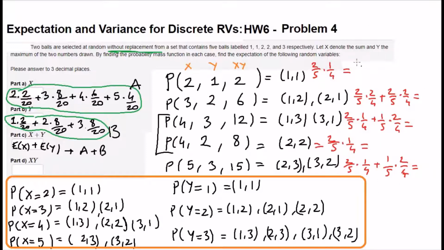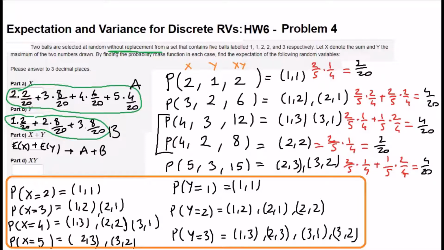And if we multiply, this is going to be 2/20. This is going to be 2 plus 2 is 4, 4/20. This is going to be again 4/20. This is going to be 2/20, and this is going to be 4/20.